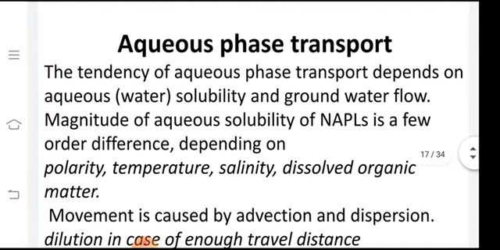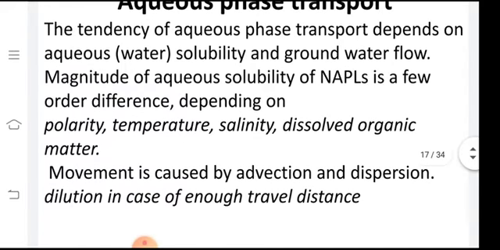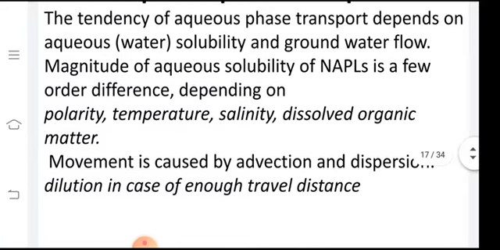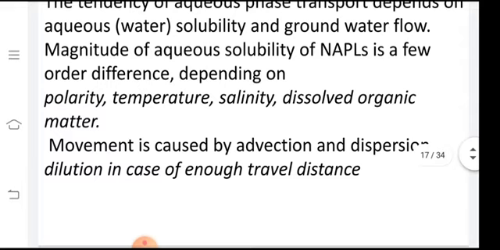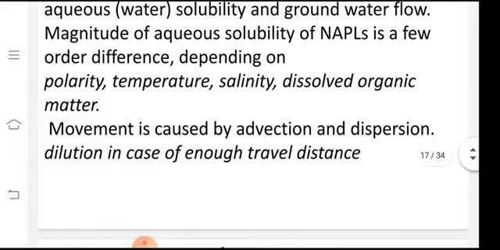Now the second one is aqueous phase transport. In this case, the tendency of aqueous phase transport depends on the water solubility and groundwater flow. The magnitude of aqueous solubility of NAPLs differs by a few orders, depending on polarity, temperature, salinity, and dissolved organic matter. Movement is caused by advection and dispersion, with dilution in case of enough travel distance.